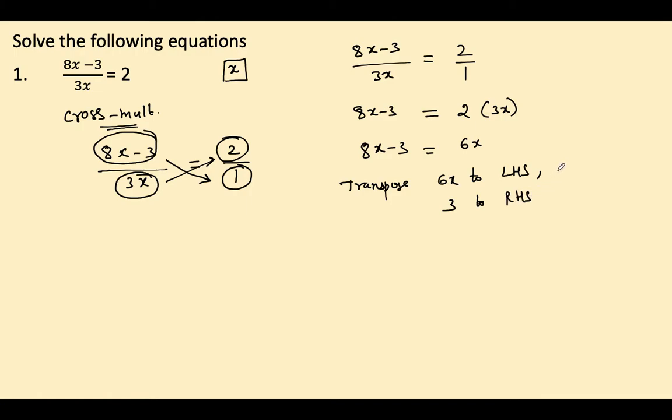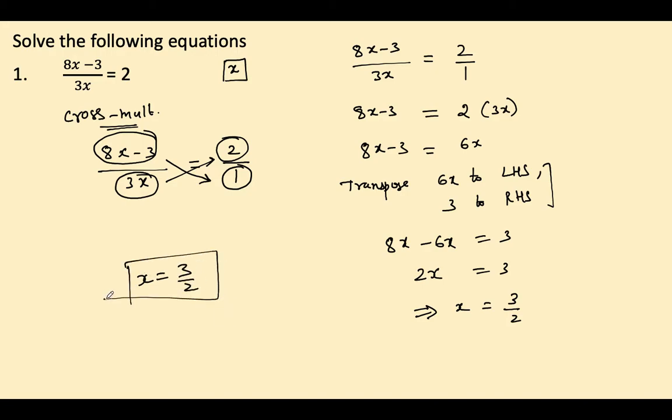When you apply these two steps, what do you get? 8x minus 6x is equal to 3. 8x minus 6x is 2x, so 2x is equal to 3. So what is x? Here x is in multiplication with 2. When I transpose 2 to the right hand side, its operation changes to division. So this must be 3 by 2. The solution to this given equation is x is equal to 3 by 2.